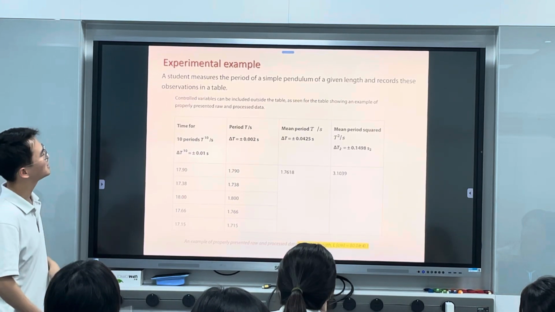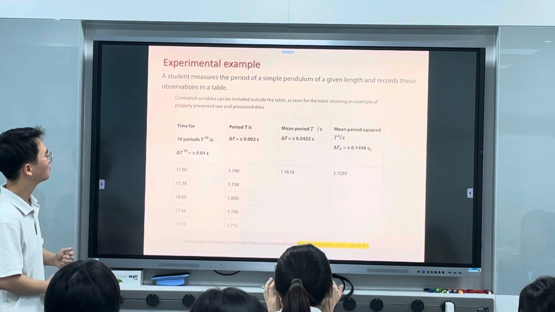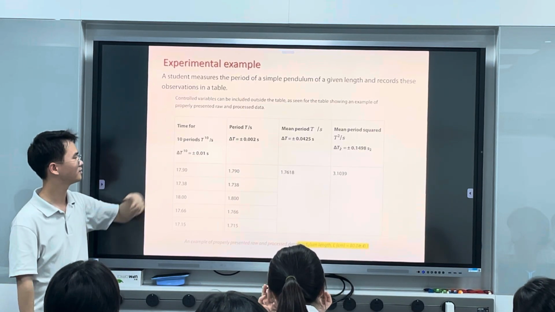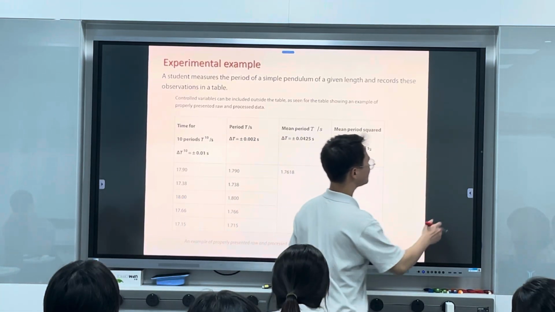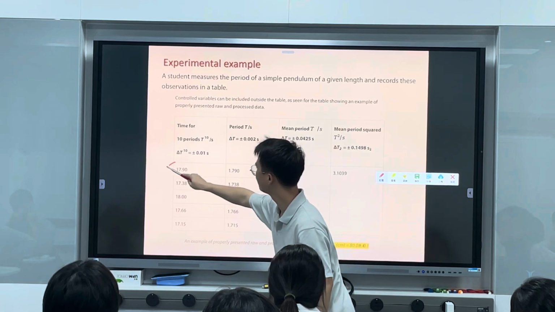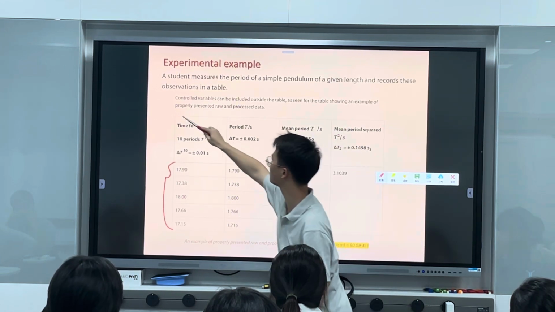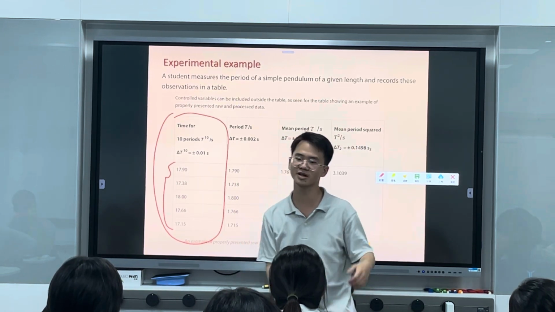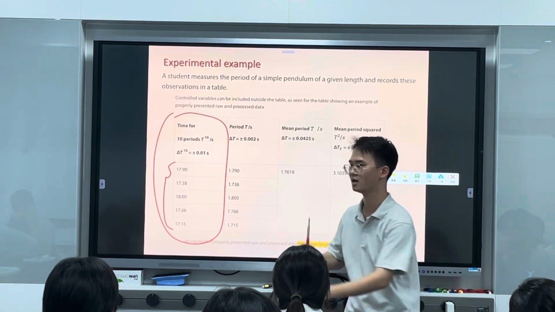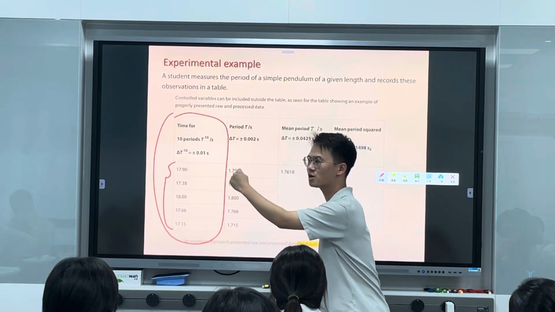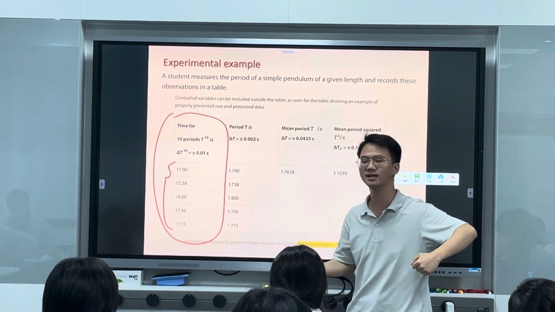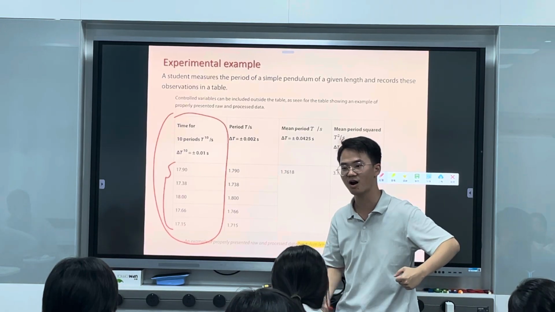Now let's see. We're measuring time for 10 periods. Let's look at this overall. First of all, we have 5 sets of data. Those are the raw data, because when you're trying to measure the period, if you just measure one period, then the random error or the uncertainty could be large, right?